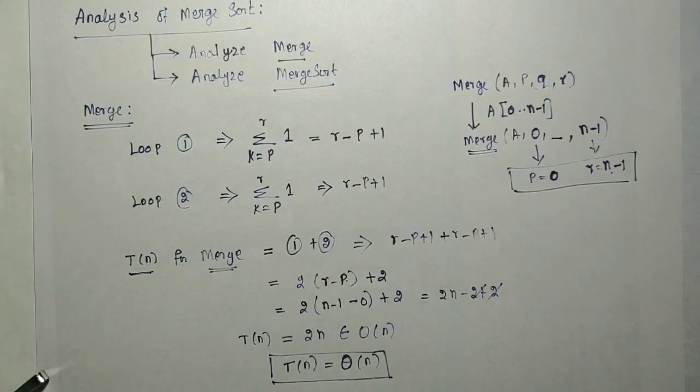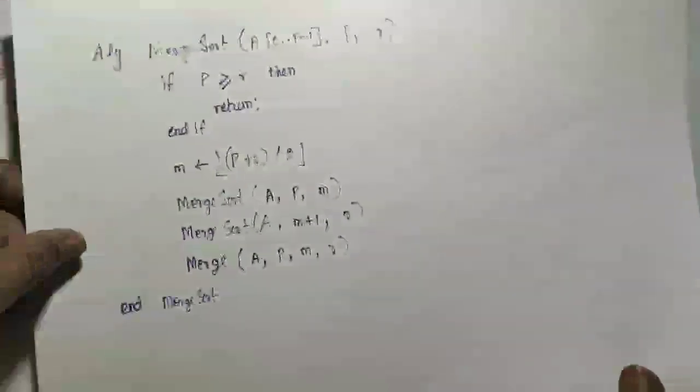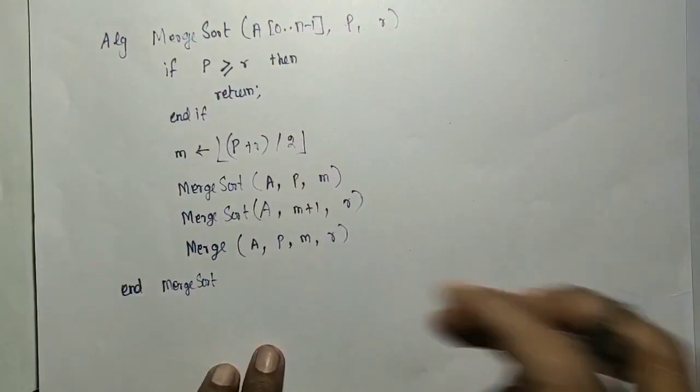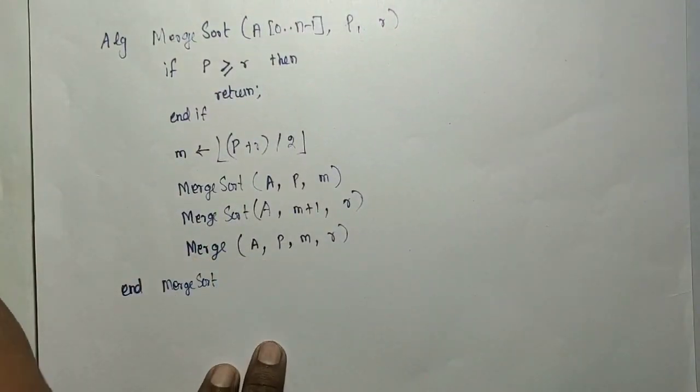Now I need to find the complexity of the merge sort algorithm. In the merge sort algorithm there are two cases: this is the base case and this is the recursive case.